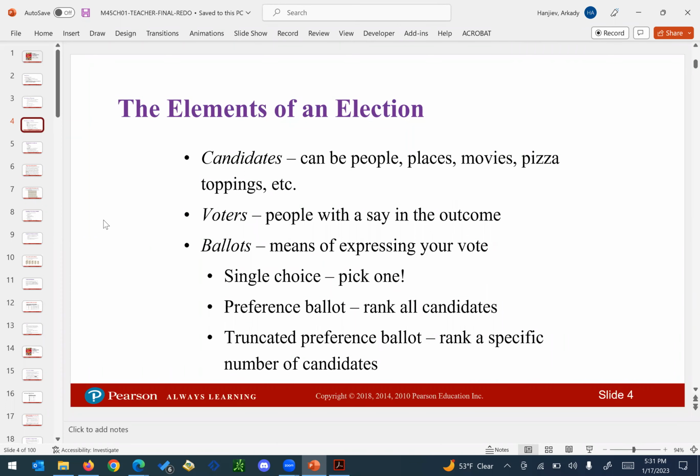It could be a preference ballot, where you rank all the candidates from the highest to the lowest, or you just rank the top 3 or the top 5. That's usually how ballot systems work. And depending on whether it's a presidential election or a state office election, sometimes that's what we do in March. We have preliminary elections, so vote for your top 3 candidates. And then you have the runoff election.